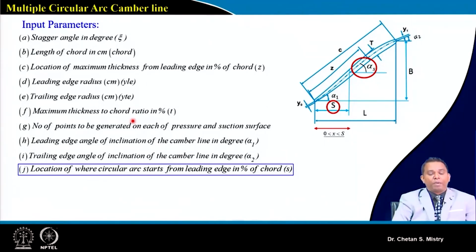In order to develop this multiple circular arc camber line, the additional parameter we are looking for is the location from where the arc will start. As I told, for development of a multiple circular arc aerofoil, many people consider two circular arcs, an initial circular arc and a second circular arc, and based on that they develop their multiple circular arc camber line.